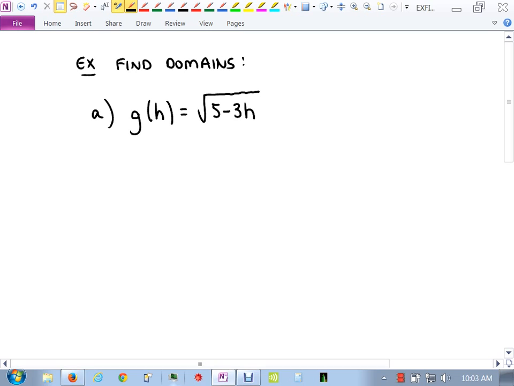You got to be careful with the square root, right? What we know is that anytime you have a square root, what's underneath it cannot be negative, right? We call the thing underneath the square root the radicand. Okay, I'm going to box it here. This right here, everything underneath the square root is called the radicand.